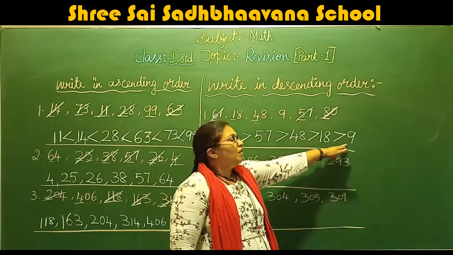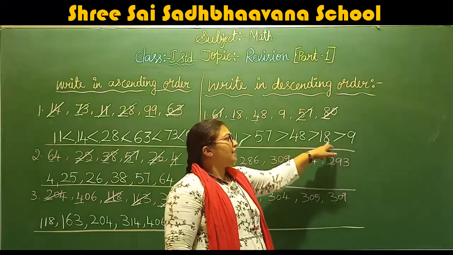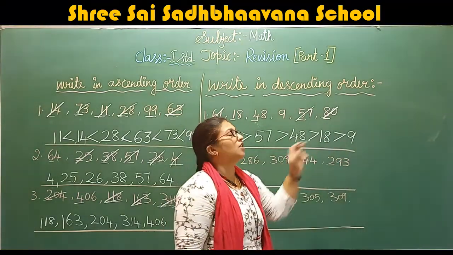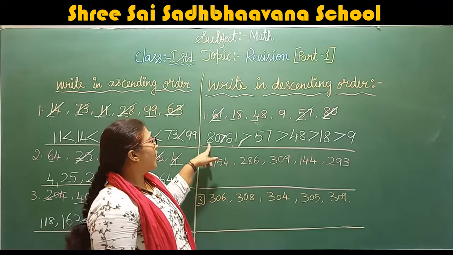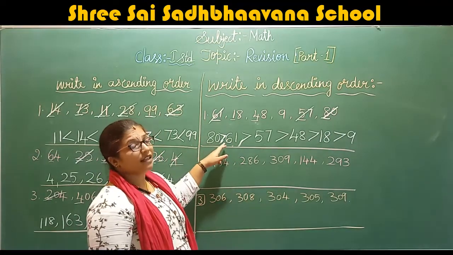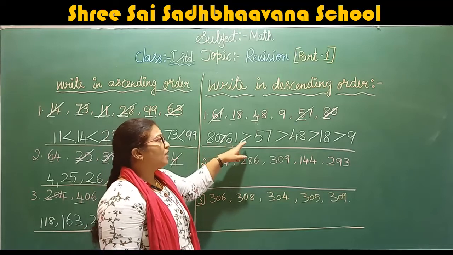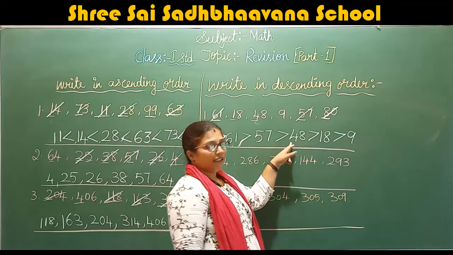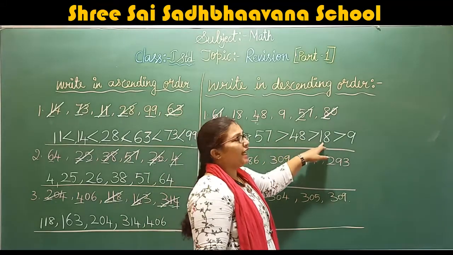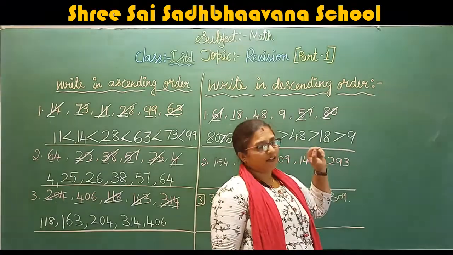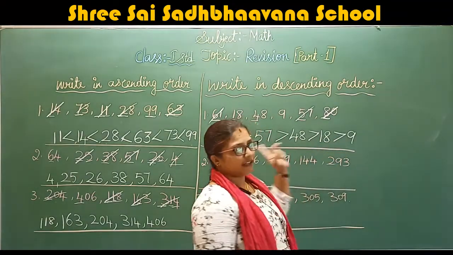See, is 9 greater than 18? No, it is smaller than 18. Like that we write: 80 is greater than 61, 61 is greater than 57, 57 is greater than 48, 48 is greater than 18, 18 is greater than 9. So this is greater.